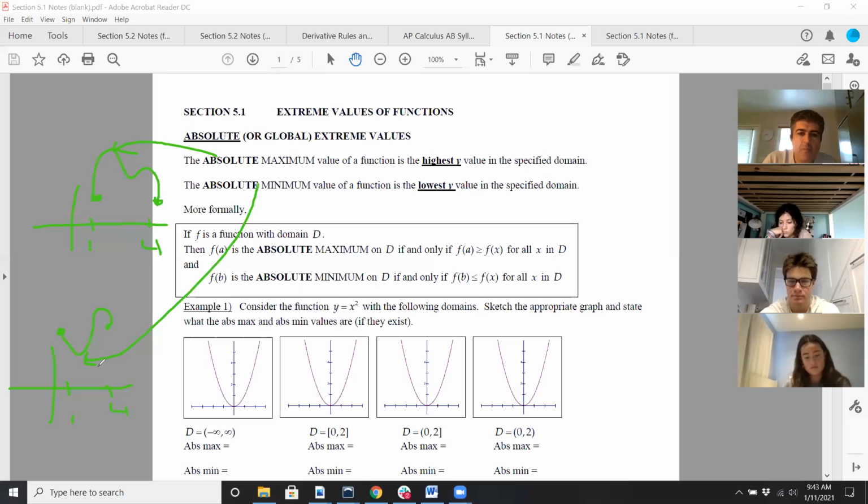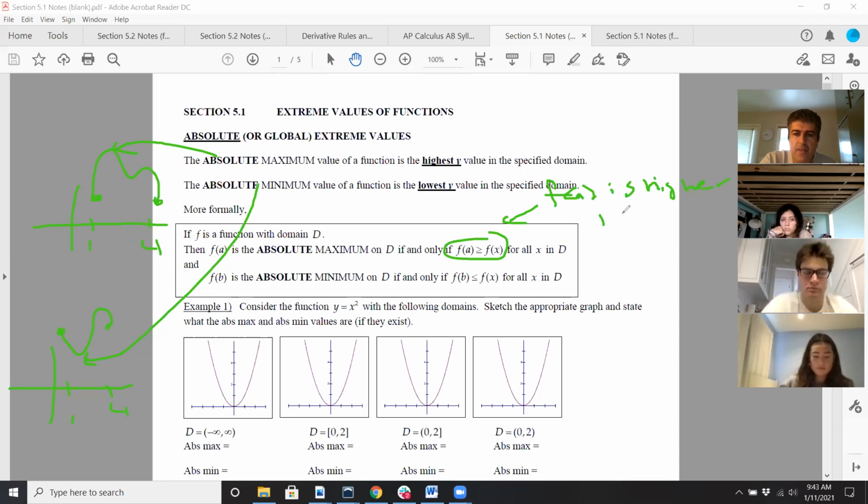Okay. More formally, when you have a specific domain, f of a is the absolute maximum on your domain if and only if f of a is higher than any y value in your domain.